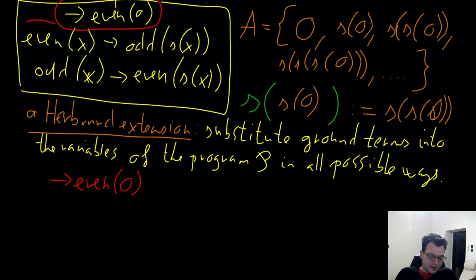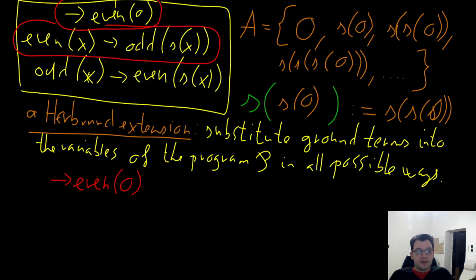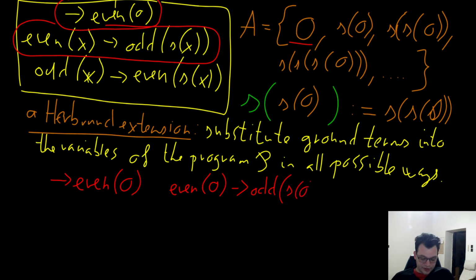Now for the second one, we have some options, because in place of x I can substitute 0 and I will get: if 0 is even, then the successor of 0 is odd.